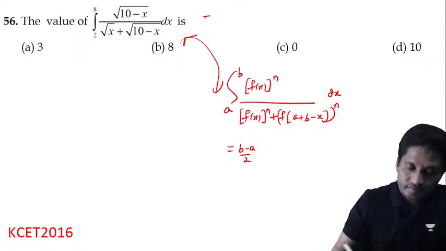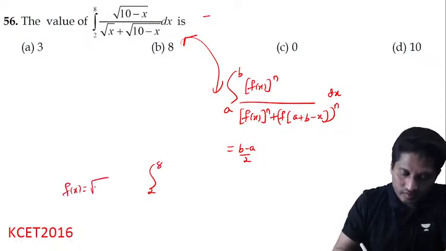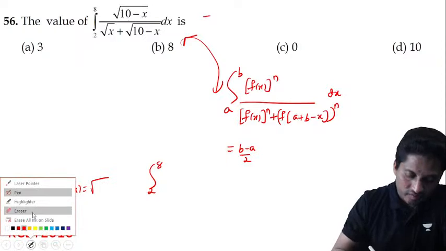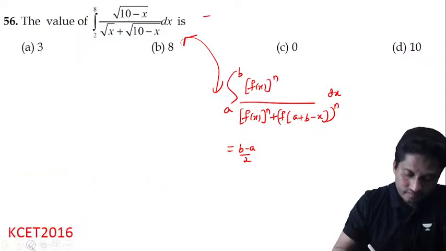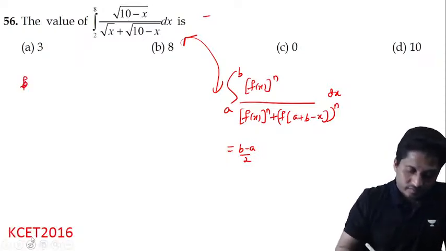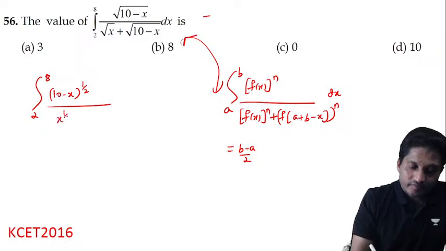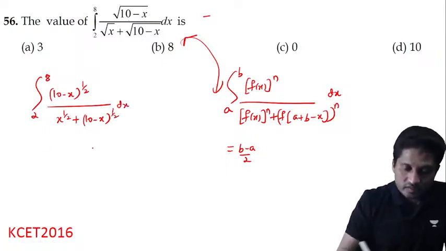That is, if the limits are 2 to 8, fx is equal to root of 10 minus x. This integration can be written as the integration from 2 to 8 of 10 minus x whole power half divided by 10 minus x whole power half plus x power half, dx.